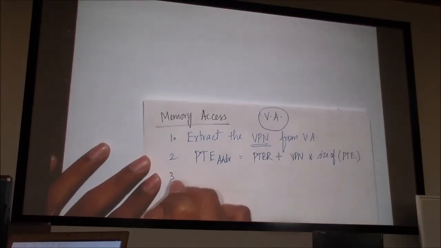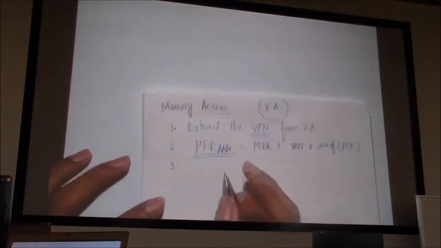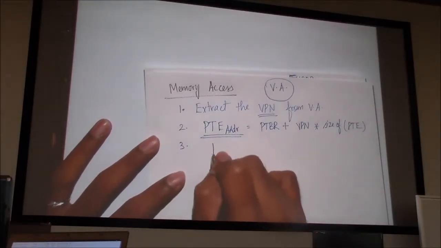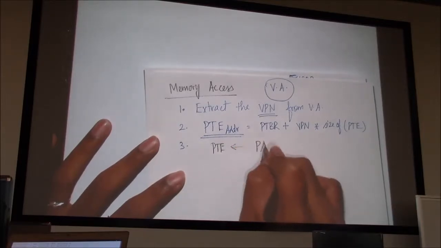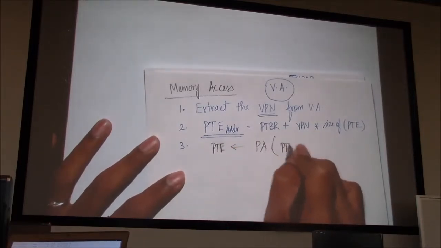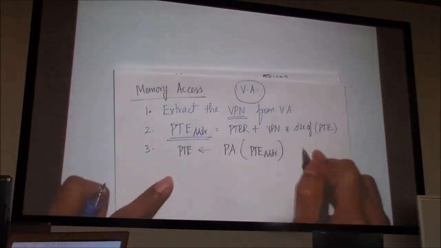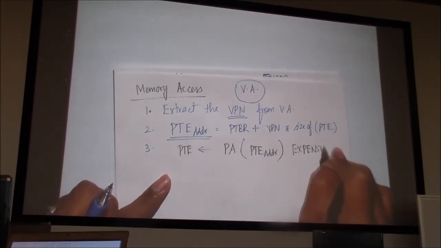Now using this particular address, you go and access the physical memory. You get this page table entry by accessing the physical memory at this page table entry address. This particular thing is an expensive operation because it is a memory access.